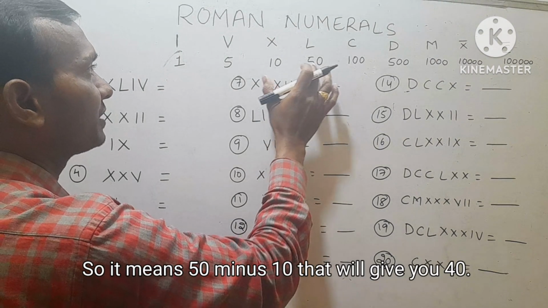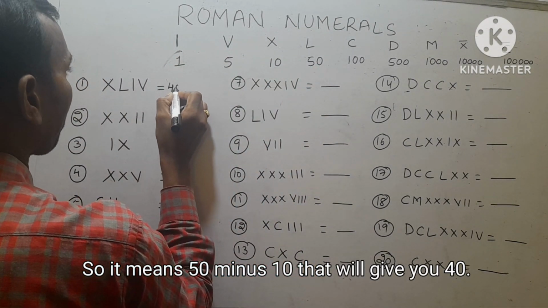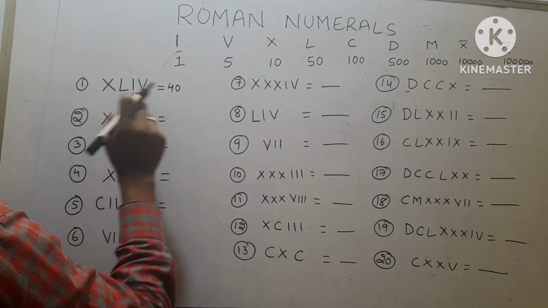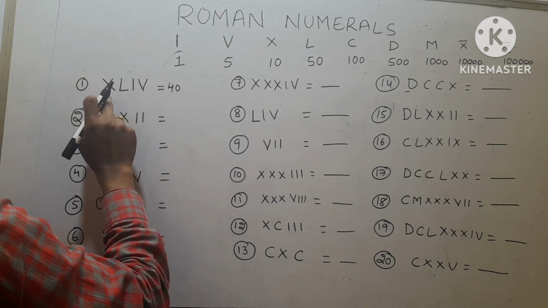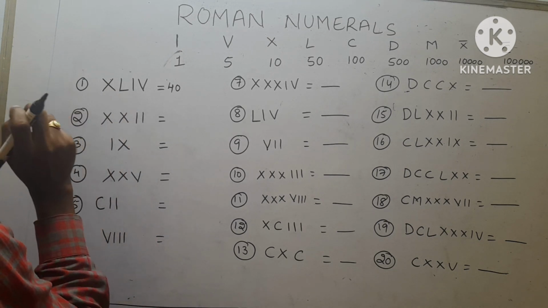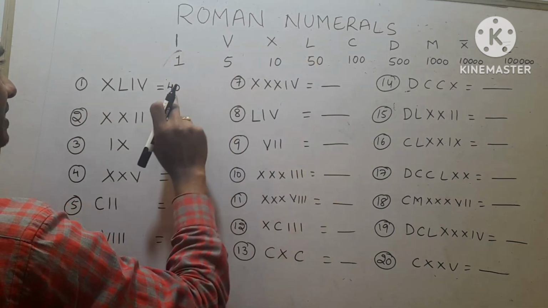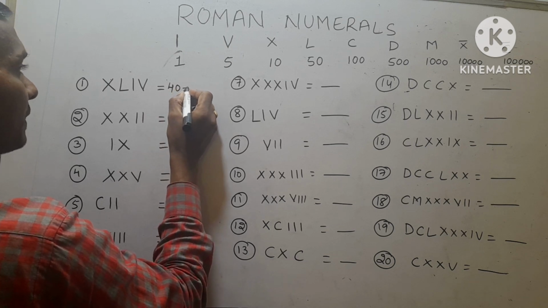So it means 50 minus 10. That will give you 40.